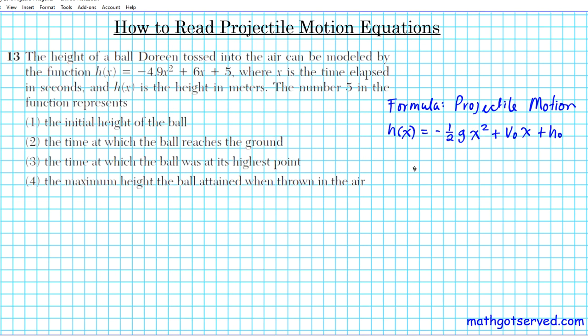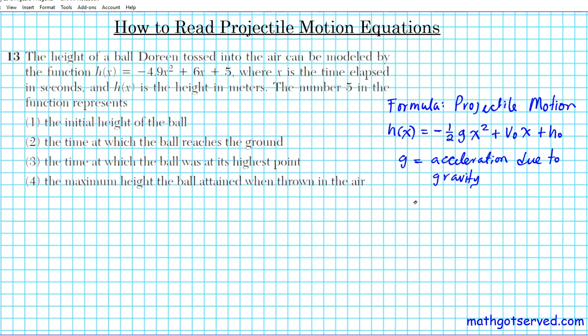Let's start with g. g basically represents acceleration due to gravity. Any object that's within the gravitational pull of the Earth will accelerate towards the center of the Earth. It's downwards, towards the center of the Earth. That's why we have a negative sign.